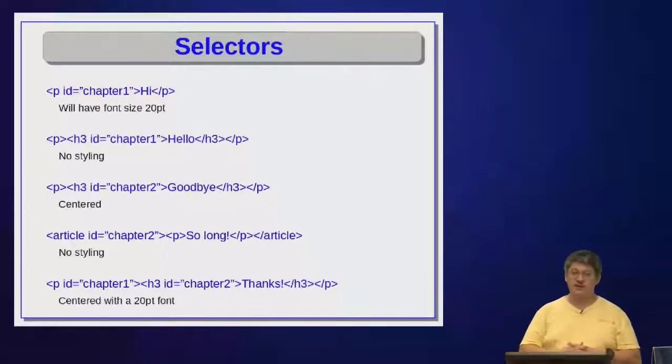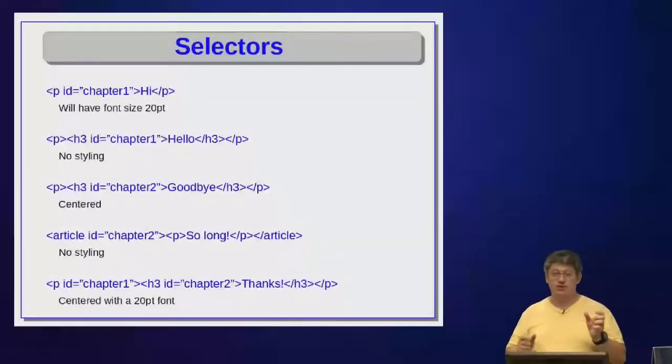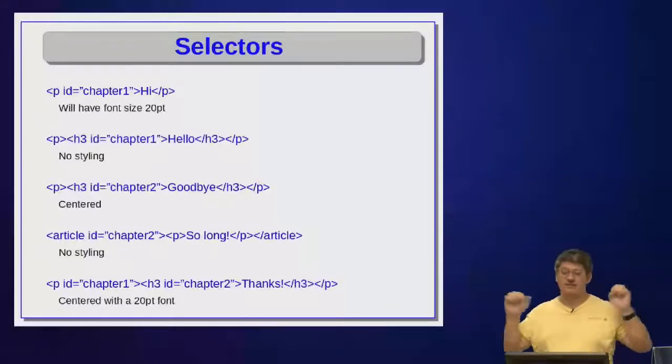On the other hand, if I create, say, an article tag and I set its ID to chapter 2, and I put a paragraph inside it, no styling will be applied now because the ID chapter 2 goes with the outside tag, not the inside tag. And my rule only matches things that have ID chapter 2 and are inside a paragraph tag.